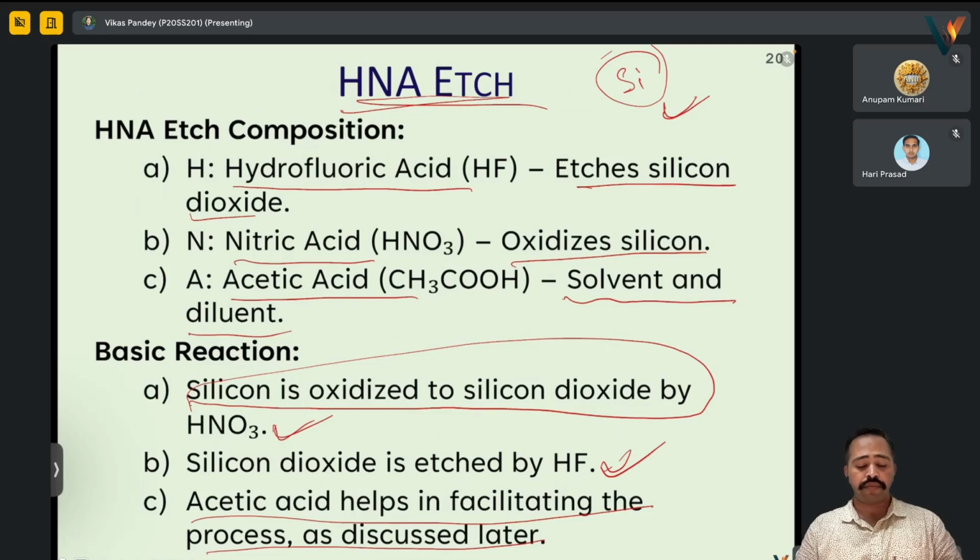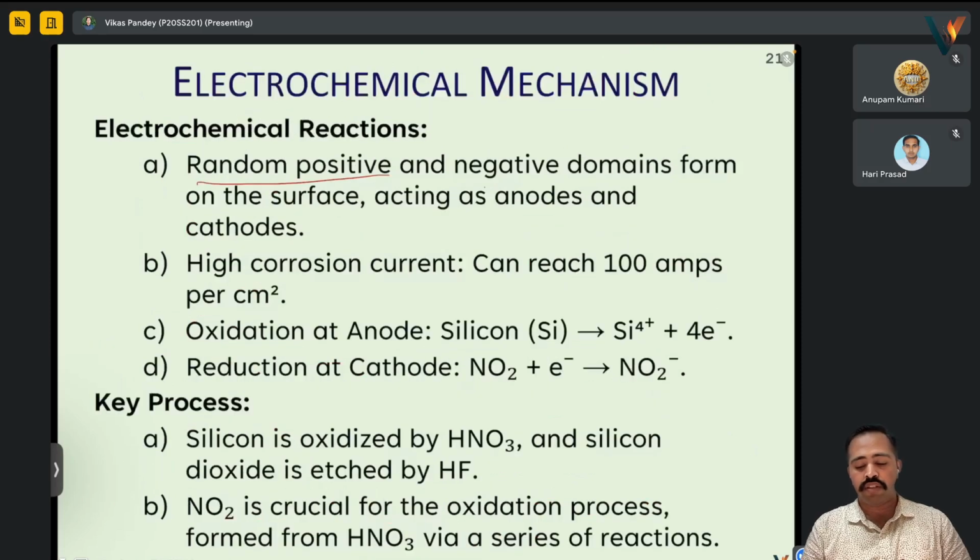So, what is the mechanism? It is based on an electrochemical mechanism, where random positive and negative domains form on the surface, acting as anode and cathode.